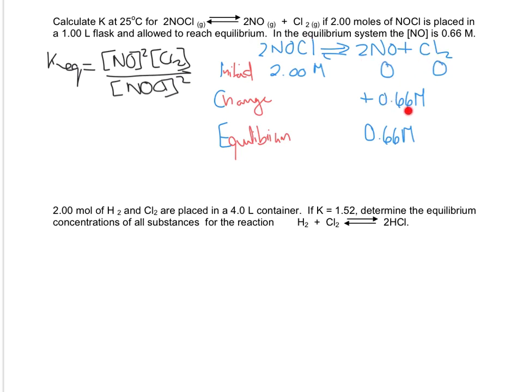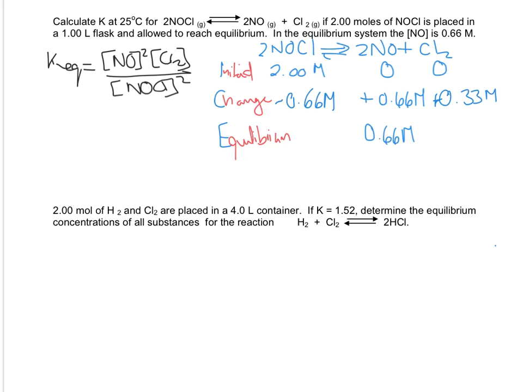So if I increased by 0.66 molar for the NO, then I would increase by 0.33 molar for the Cl2, because that's a positive sign there, because it's a 2 to 1 ratio. And if you look at the NOCl, because it's a 2 to 2 ratio, which is a 1 to 1 ratio, this would decrease since it's a reactant. It gets used up by 0.66 molar.